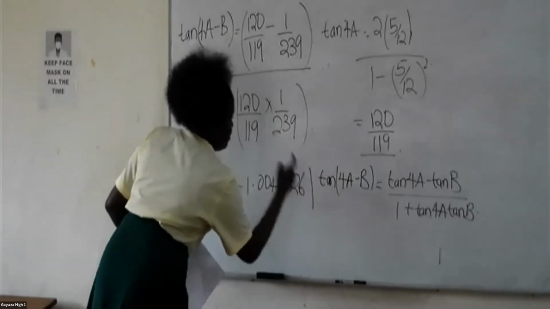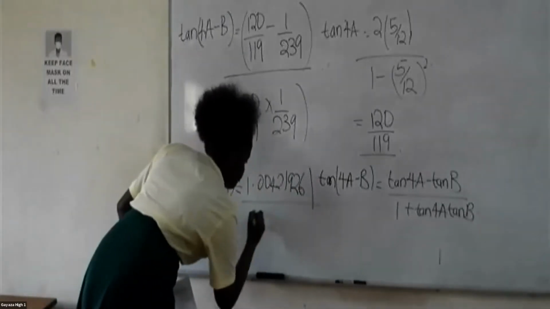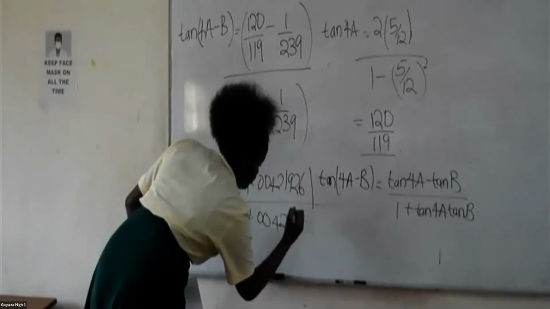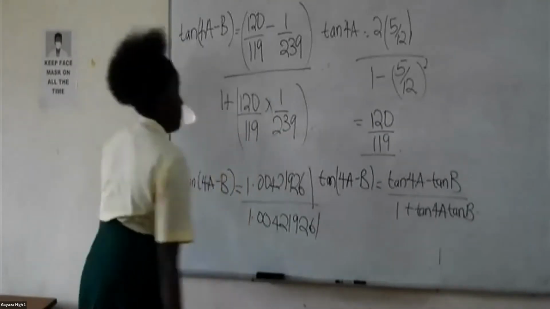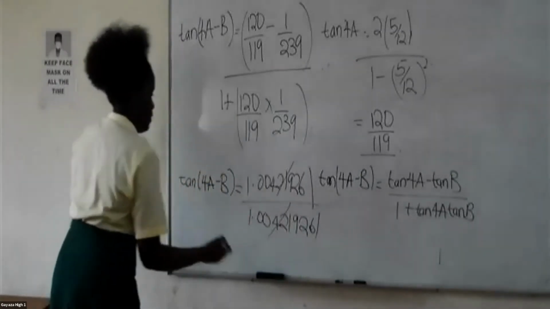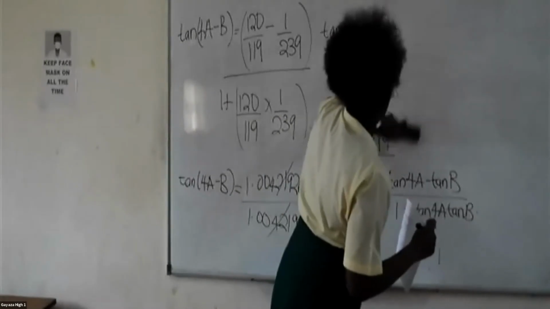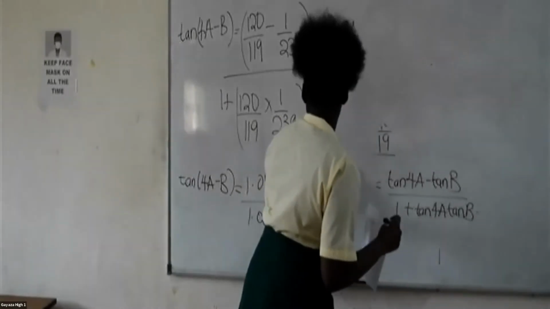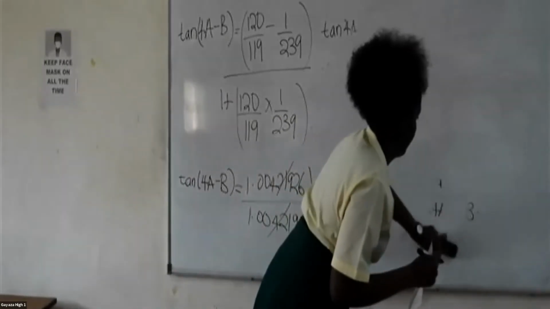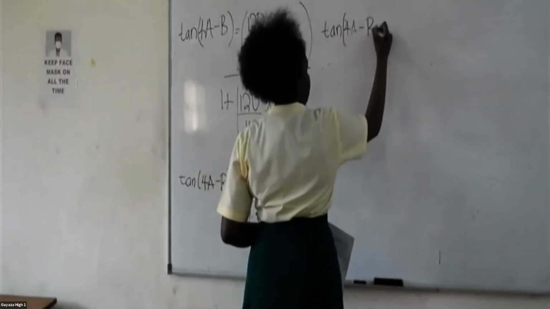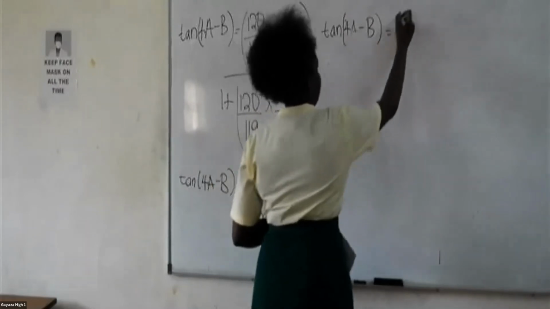So therefore, when you compute this, the numerator gives 1.00421219261. Computing the denominator, you also have 1.00421219261. These cancel, and you have tan of 4A minus B equal to 1.